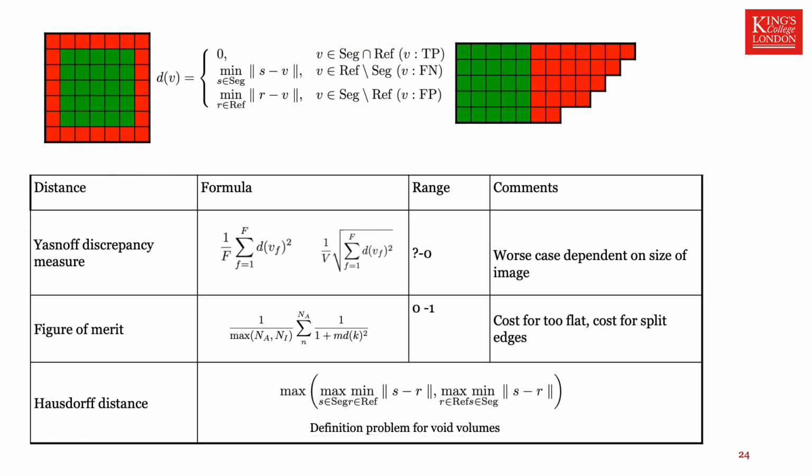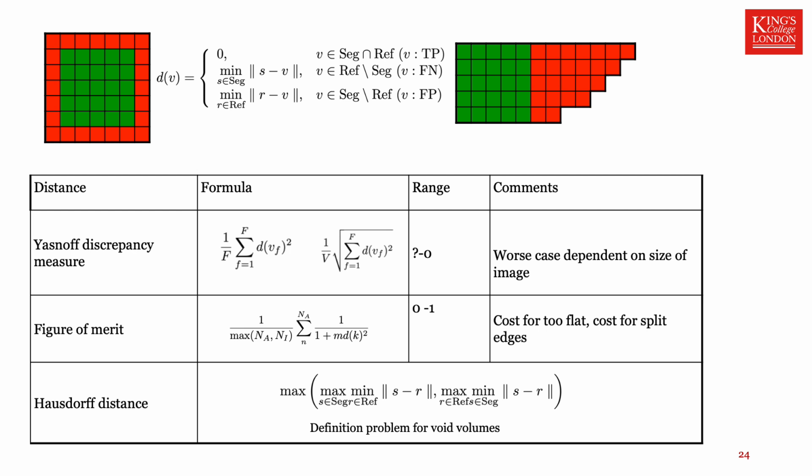Because you can think of it as, actually, it shouldn't cost the same to make a mistake at a similar distance, like what we have here on the top left, as making a mistake with exactly the same number of errors, but really far away.